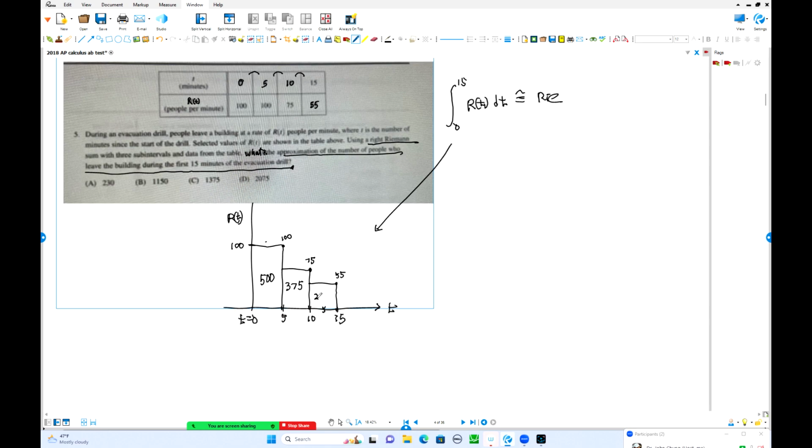Height is 55. 5 times 55 is 275 people evacuate. The total number of evacuated people, approximately how much? 500, 375, and 275. These two equal 650, plus another 500. Total is 1150. The total number is approximately 1150.